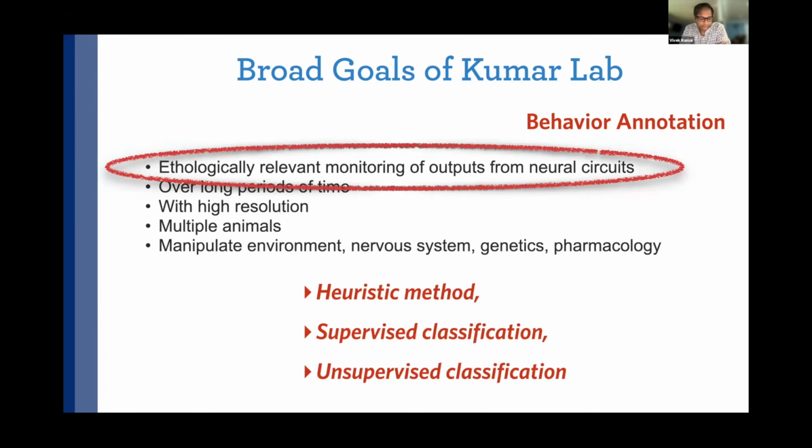In the field, we've taken several approaches. The main three are described here. The classic approach is the heuristic method. The animal goes from the center to the periphery, or periphery to center, and you call that a crossing. There's not much interpretation involved. We just look at the animal tracks. The newer approaches use supervised methods of classification and unsupervised classification methods.